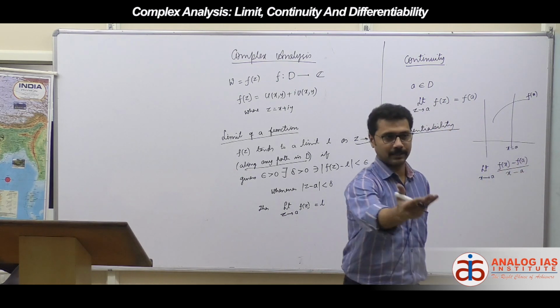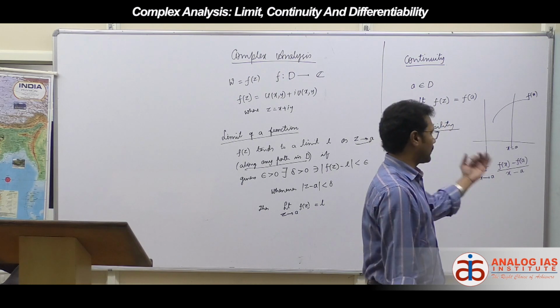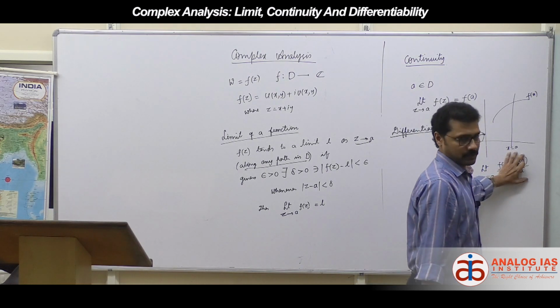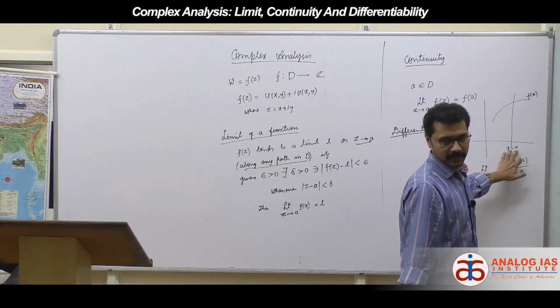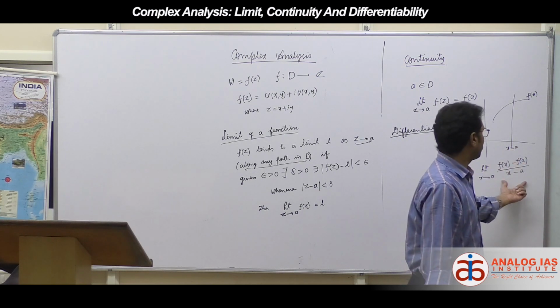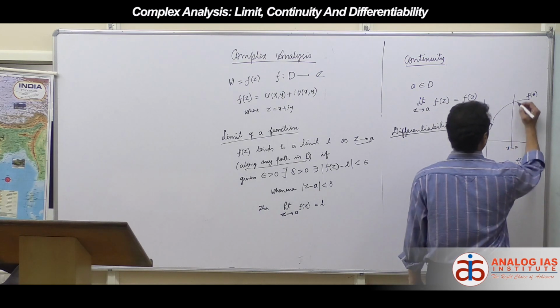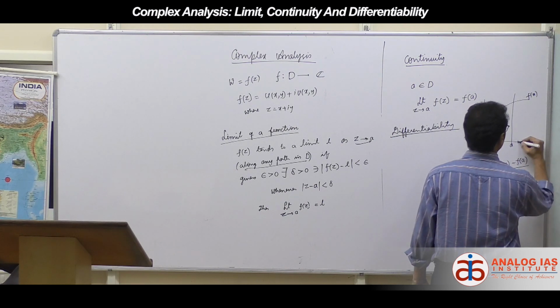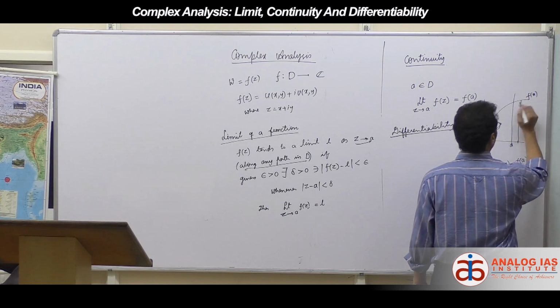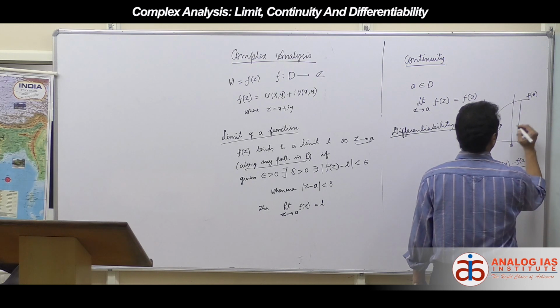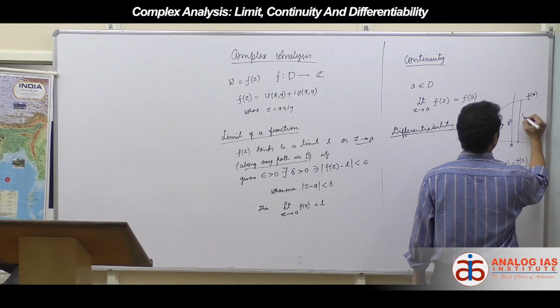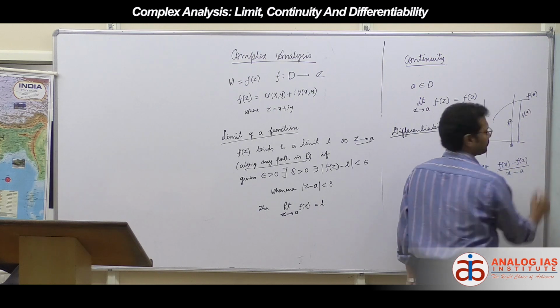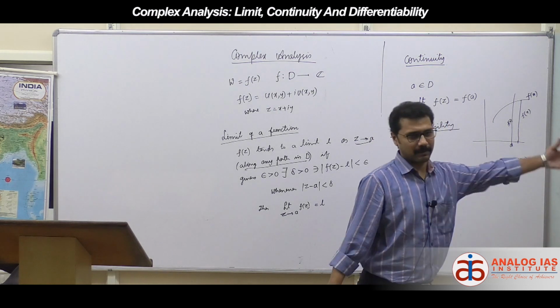If the limit exists, that means if the left hand limit of this entire g of x, where g of x equals f of x minus f of a by x minus a, which is nothing but, suppose this is a, and x is a plus delta or a minus delta. This is f of a, this is f of x, coming from a plus delta.